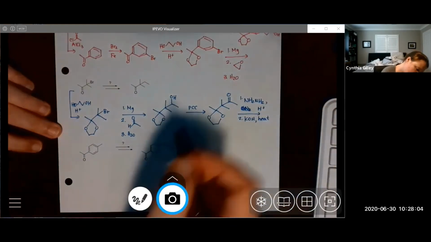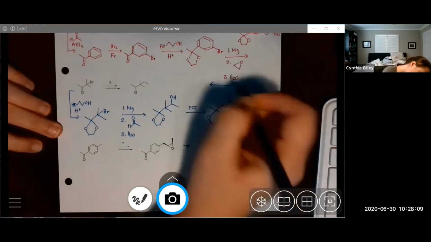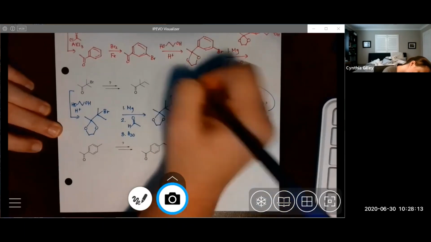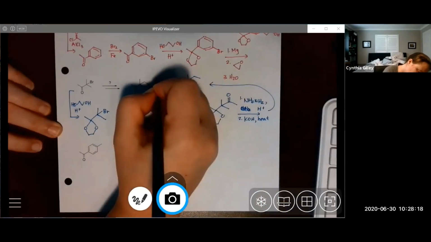And that will remove the ketone. Then we can just do deprotection.